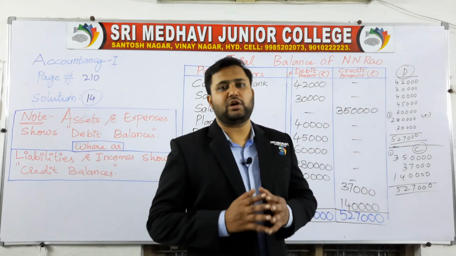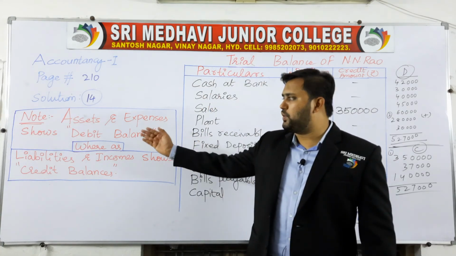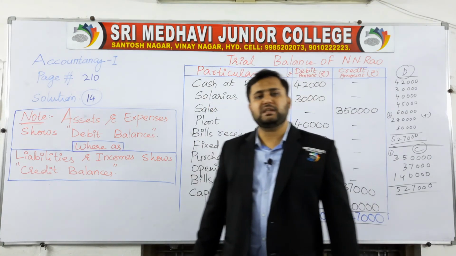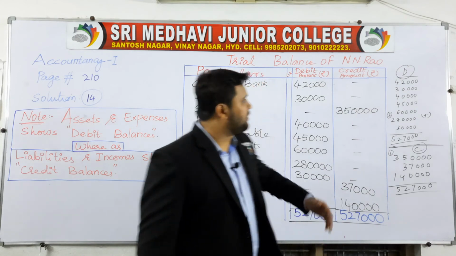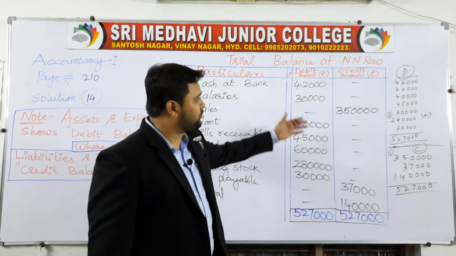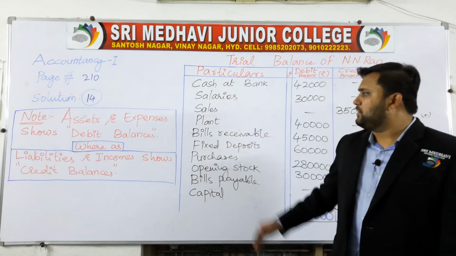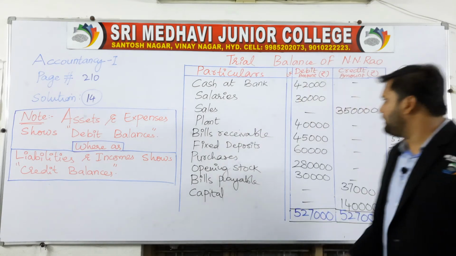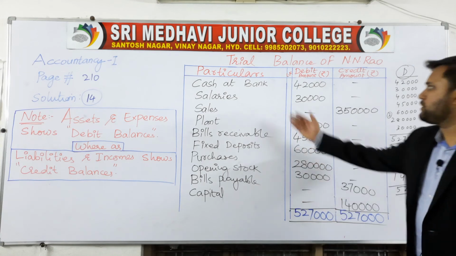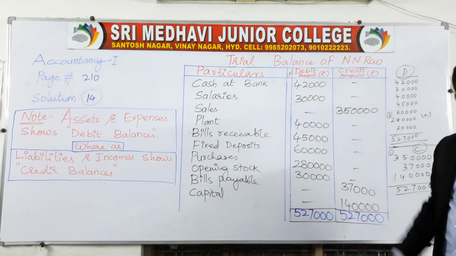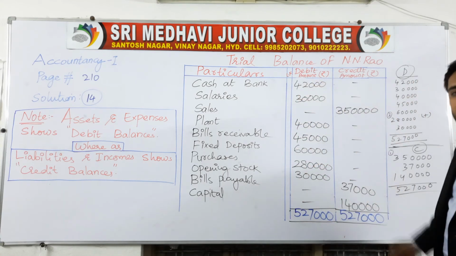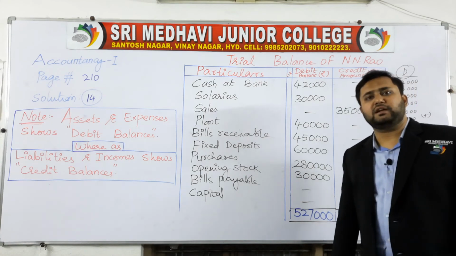So before solving any problem, you have to keep in mind 2 points: the amounts of assets and expenses you have to write in the debit column, whereas the amounts of liabilities and incomes you have to write in the credit column.